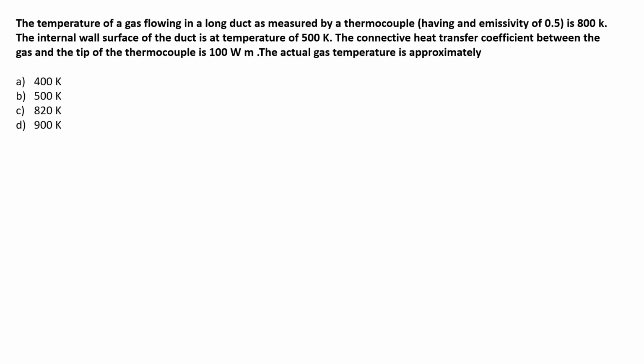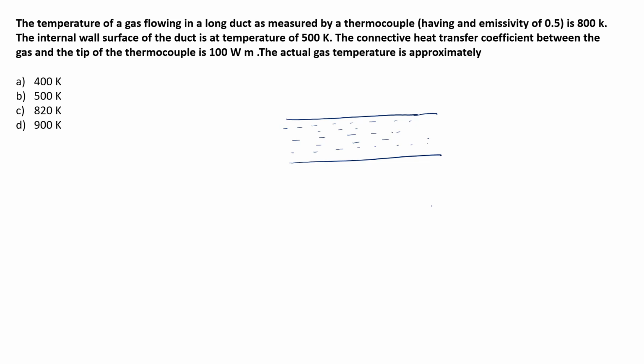So see here, it is a very interesting question. There is some kind of duct, and some gas is flowing, and this gas has a certain temperature, which we need to find, the actual temperature.